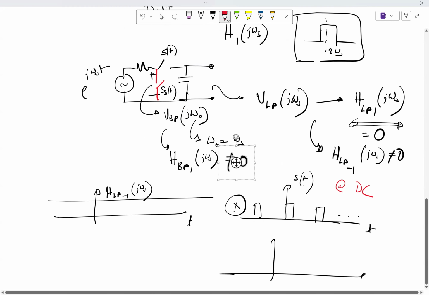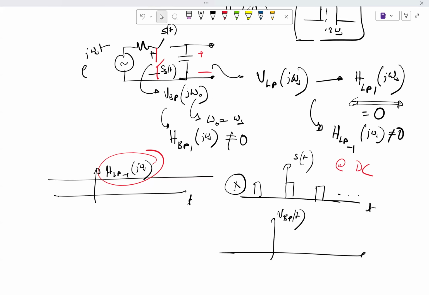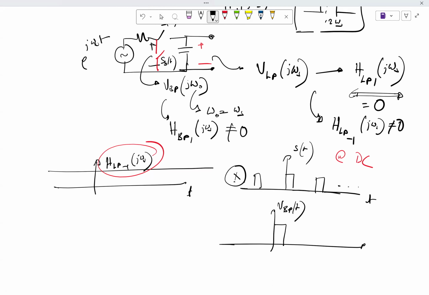Here you are going to get a DC value. I am trying to get VBP, so I multiply with S of t. VBP will essentially be a scaled version of S of t, and the scaling factor is HLP minus 1 times j omega s. So it will have a frequency component at omega s.